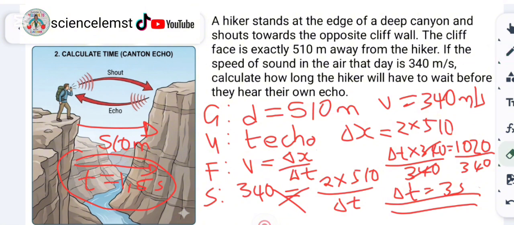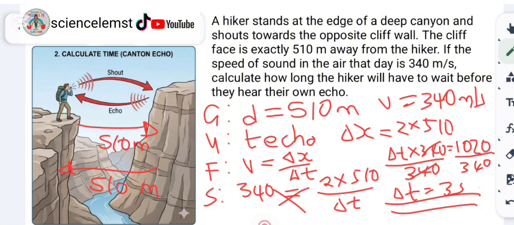Let's go back to our sketch. So we know we went that way, 510, that is the shouting. And then we came back, 510. That is double the distance.